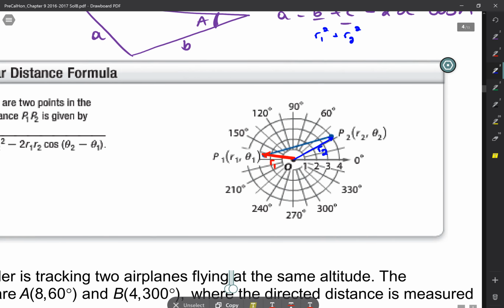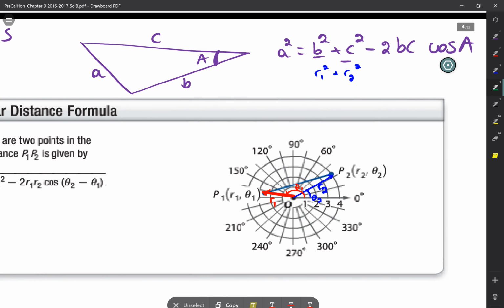Now, what's the angle to R1? We're going to call that theta 1, okay? And the angle to R2, I'm going to call that theta 2, okay? Now, what I want though, remember here I said angle A was the angle between the two lines?